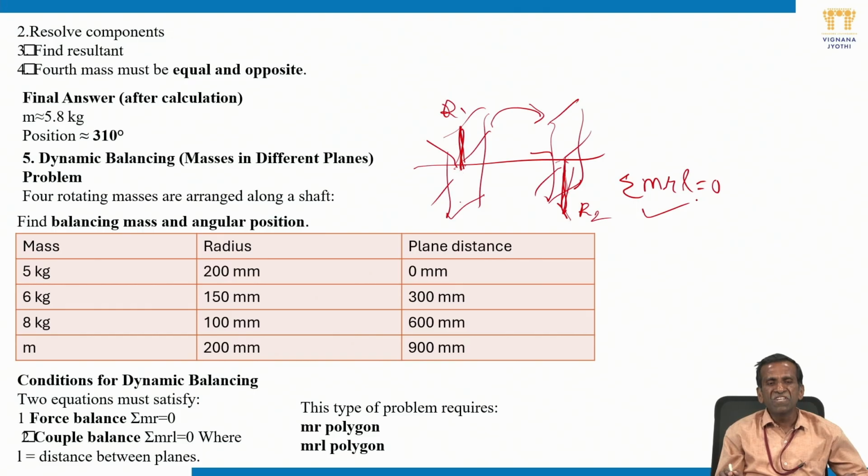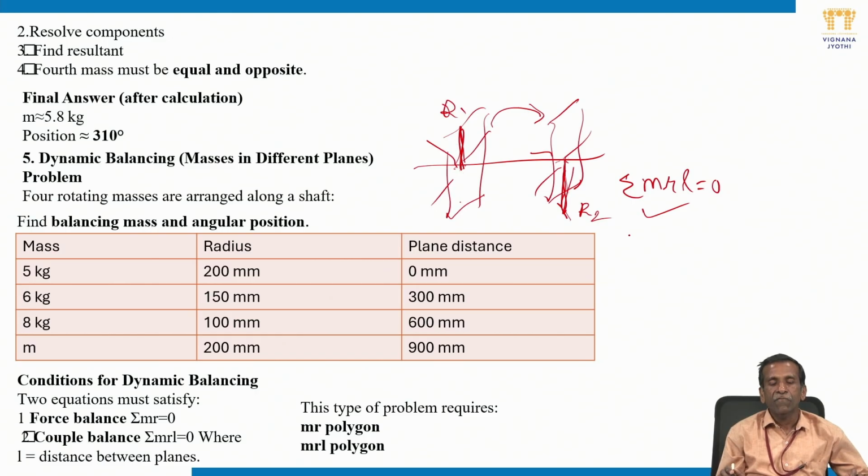A detailed problem we will take up and discuss in our next lecture. Thus overall we can say that two equations must be satisfied in case of dynamic balancing: one is the force balance equation and the other is the couple balance equation. In the graphical method, it is very easy, but you need to take care while taking the scale.